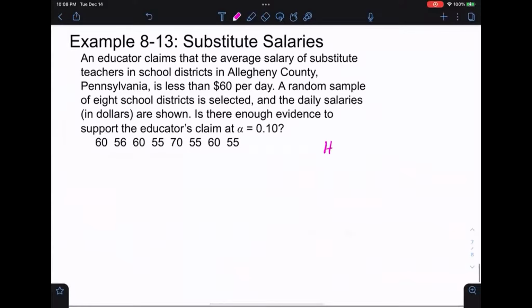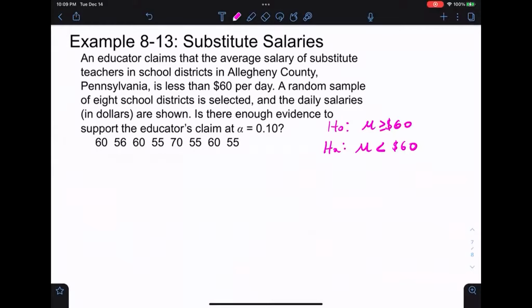Okay, so that's the claim. It's less than $60, so it should be here, and the null should be greater than or equal to $60, right?